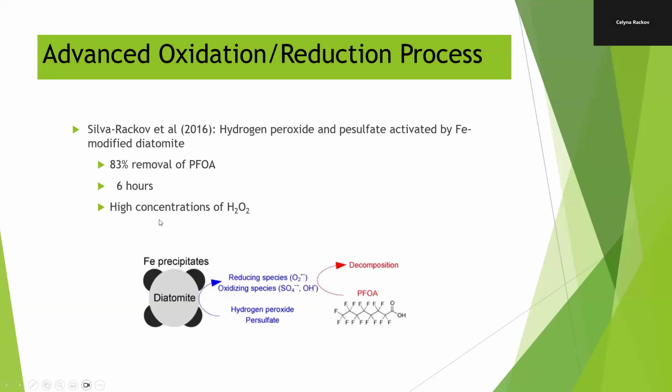This study got the highest removal using a high concentration of hydrogen peroxide to produce the superoxide radical. The best removal was obtained at high concentrations in a 6 hour treatment, reaching 83% removal of PFOA.